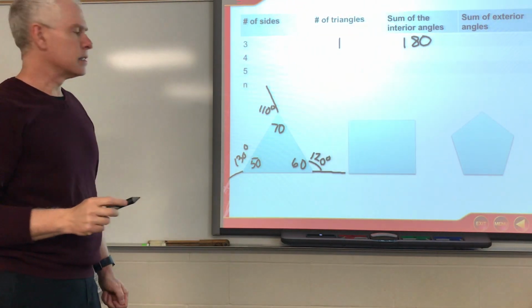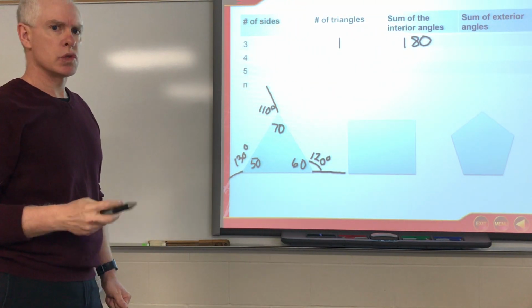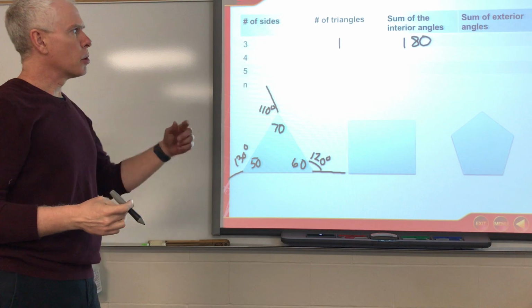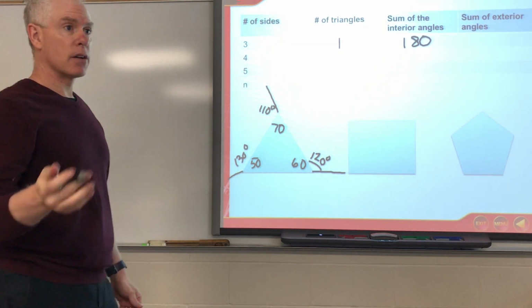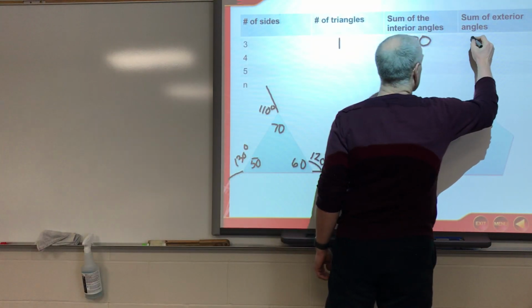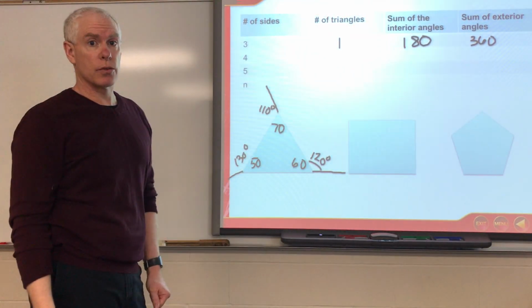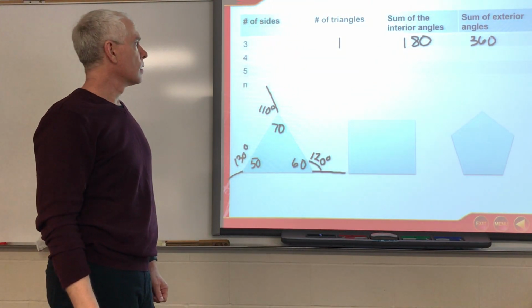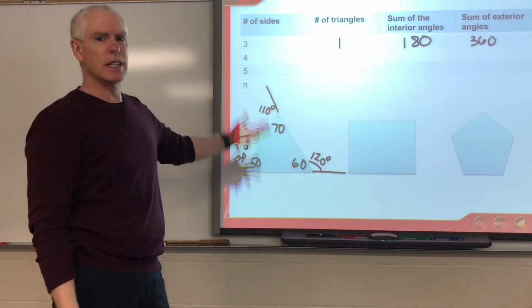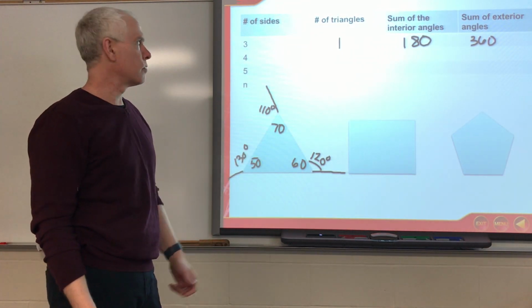I'll give you guys a second to think about what those add up to, and then we'll put it in the box. So if you did it correctly, you should find that all 3 of those exterior angles added up to 360 degrees. Okay? Eventually we're going to try to predict a formula for this.